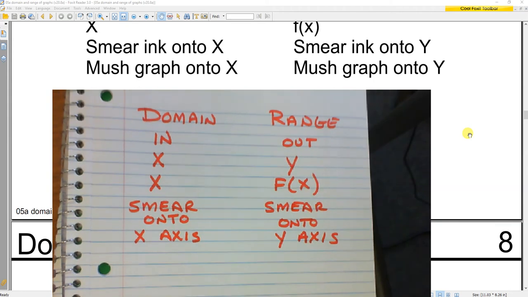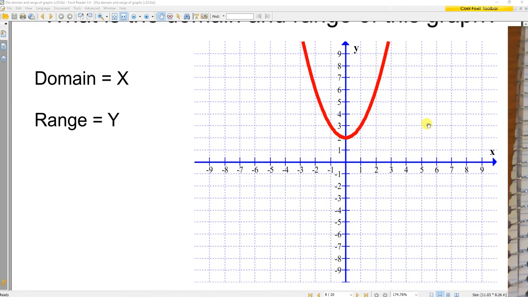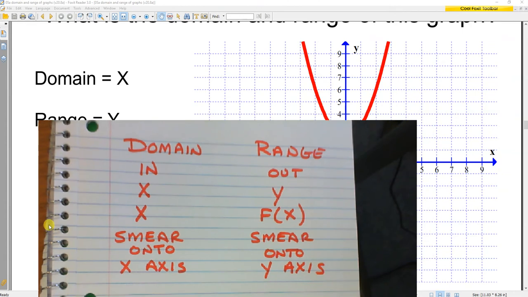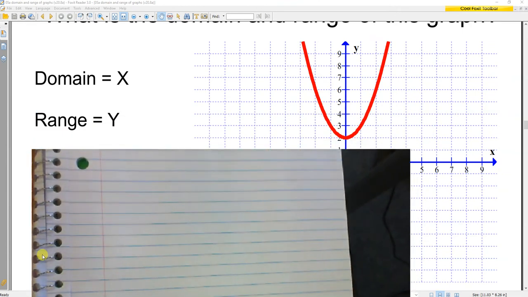This idea of smearing something onto the x-axis or smearing it onto the y-axis. So we're going to find the domain and range of this. It's a parabola. Now, if you have different colors, that's going to be awesome. So in your notes, we're going to do one graph, and it's going to be a parabola.